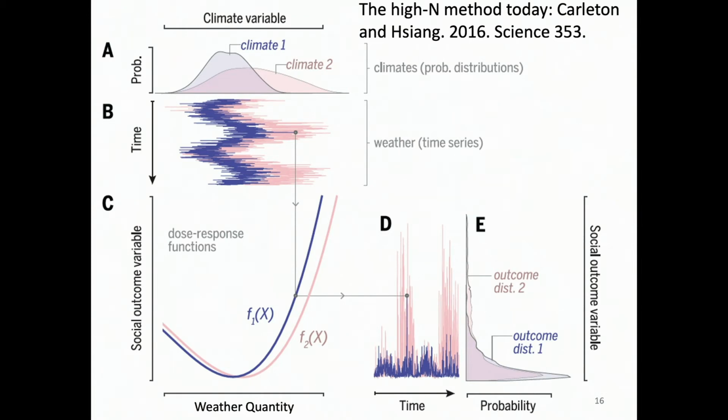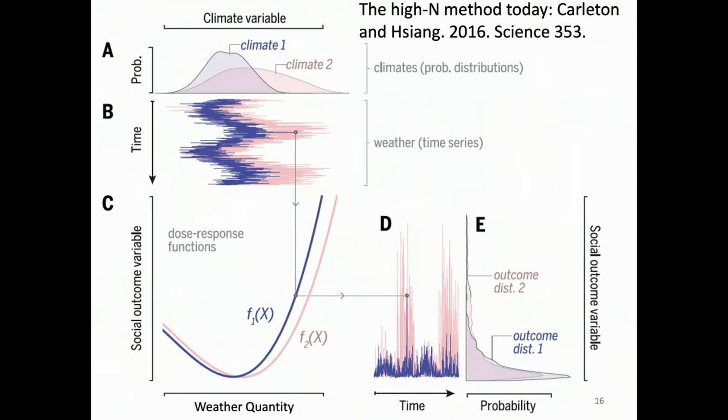And you can use this function to turn that blue trace into a blue social outcome trace, where when the temperature is at the bottom of the curve, the probability of, say, rioting is low, and when the temperature is higher, the incidence of rioting is higher. That gives you a riot frequency trace through time.